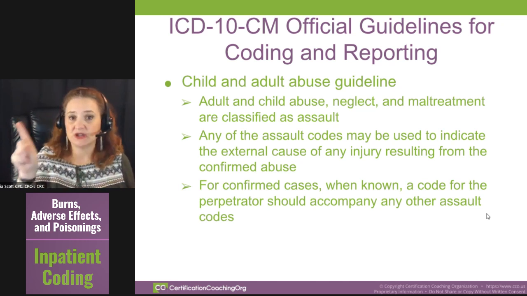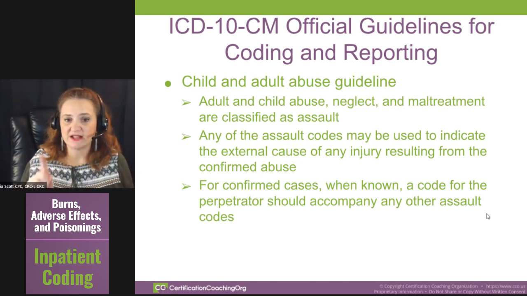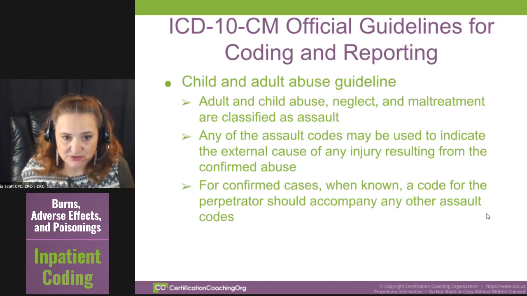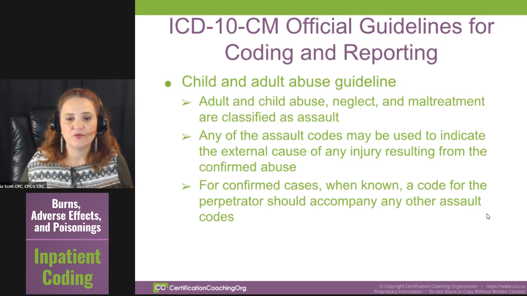No, it's actually assault. So that's how you classify it. In addition, we need any external cause of injury, okay, resulting from confirmed abuse. And then for the confirmed cases, there's a code for the perpetrator, which should accompany any other assault codes.